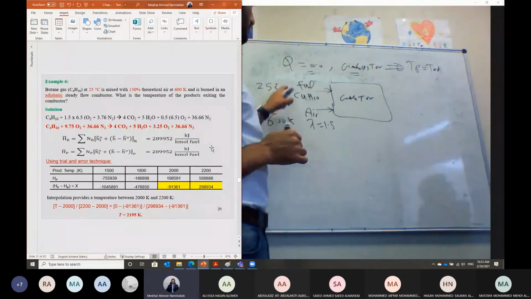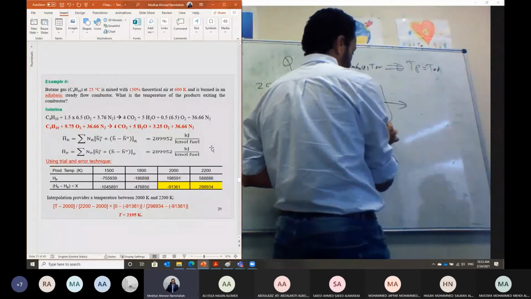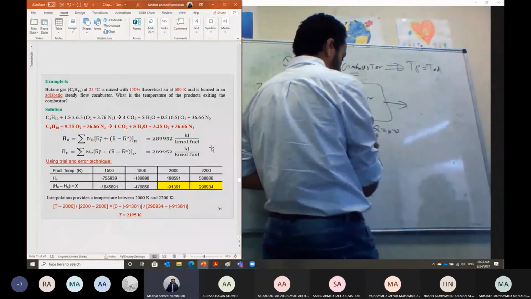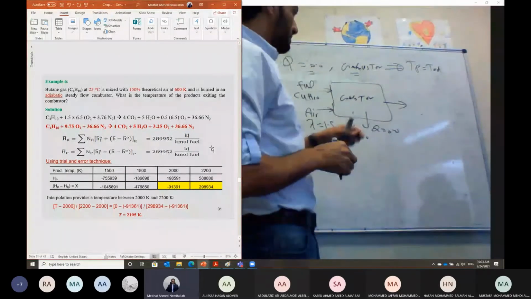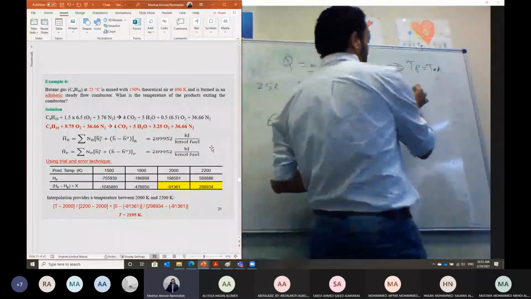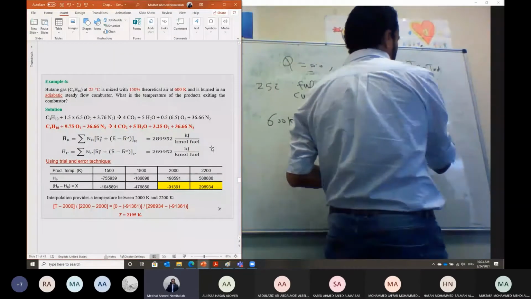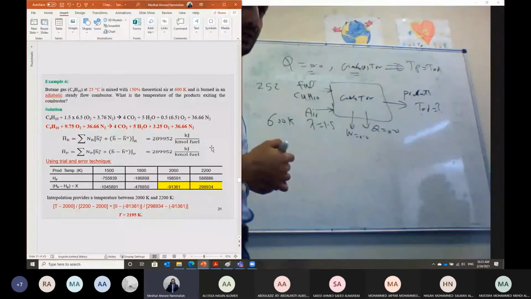We have to know the temperature of all components. This combustor is adiabatic, and by default we don't have work, since it is not connected to an engine. Then we have the combustion products, which should be at the maximum temperature, the adiabatic flame temperature, which we need to calculate.